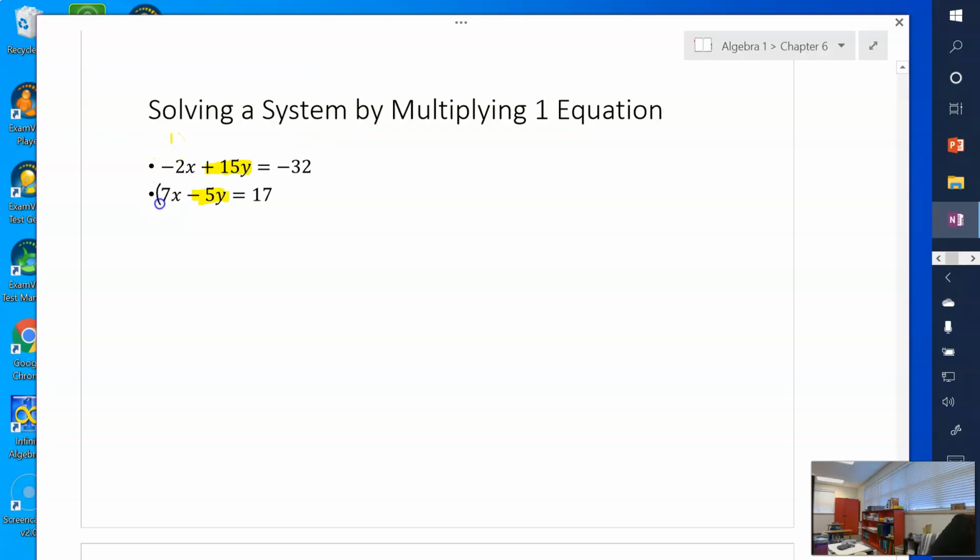So if I multiply this side by 3 and this side by 3, what I get is 21x minus 15y equals 51. Now I have a plus 15y in one equation and a minus 15y in the other.